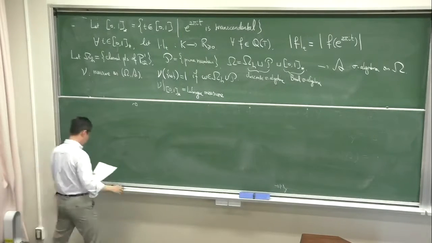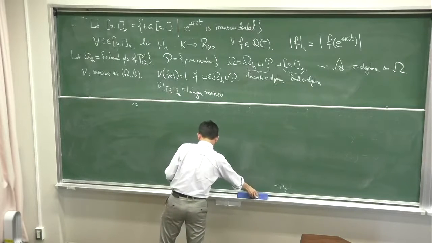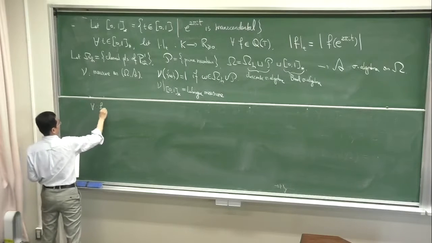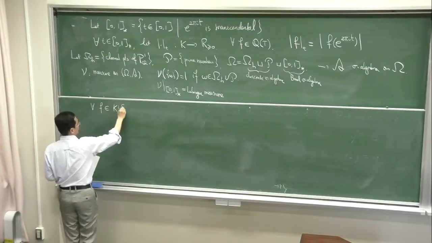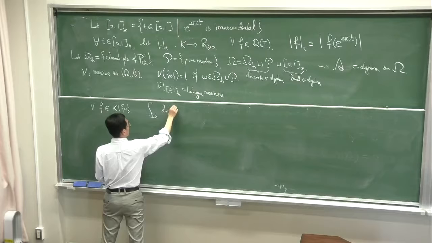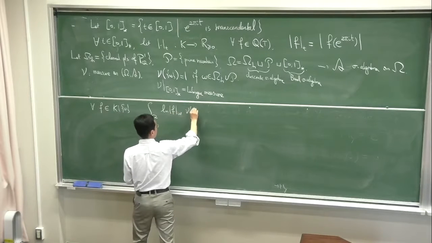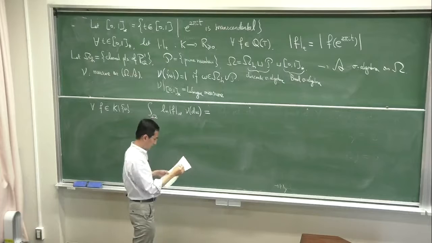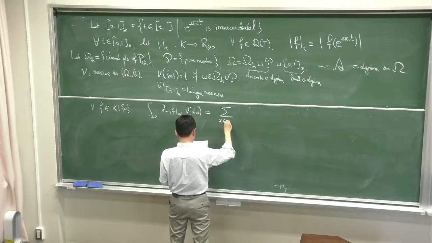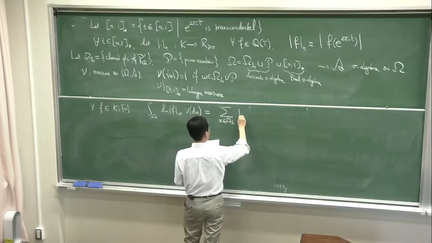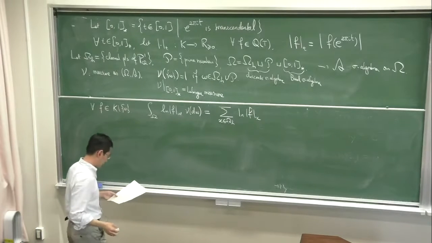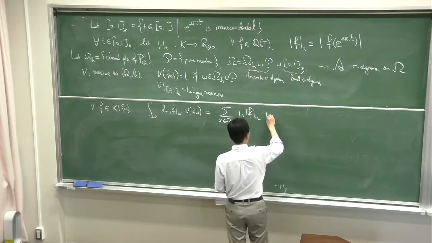I remind you that for any f inside K which is non-zero, the integral of log |f|_omega nu(d omega) can be written as a sum of three terms. First of all, you have the sum over x in Omega_H of log |f|_x, for closed points.